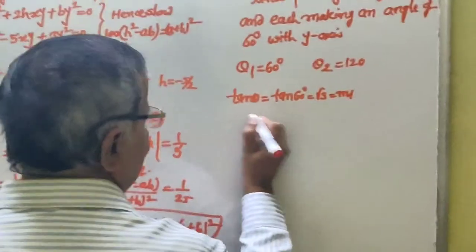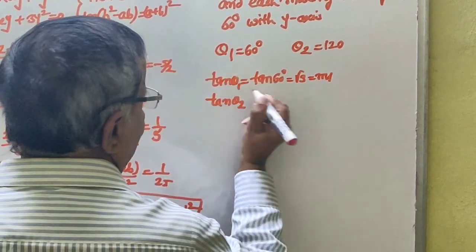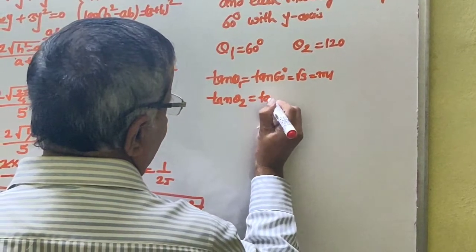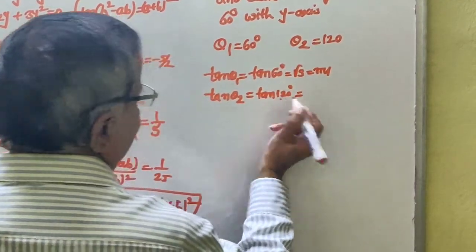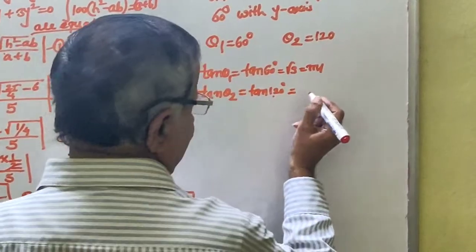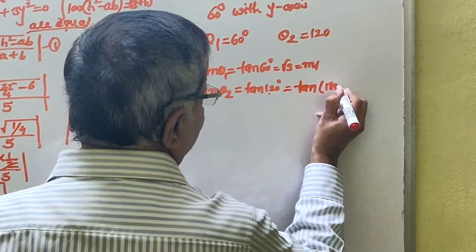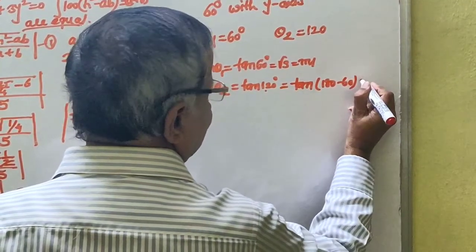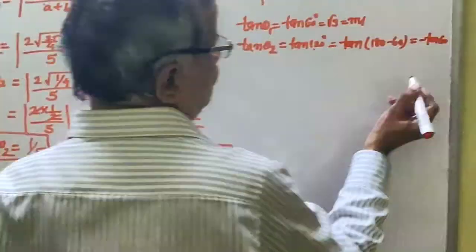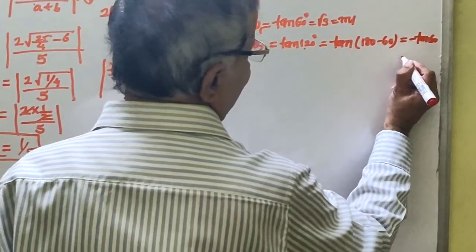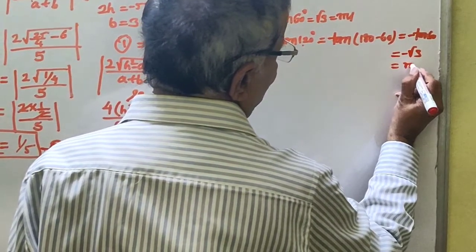Now I can write down tan theta 2, which can be written as tan 120 degrees. I already told you, when it is greater than 90, convert it as 180 minus 60. This will come to be minus tan 60, and the value of this is minus root 3, which is equal to m2.